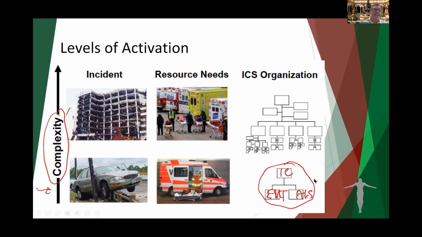But as the incident increases in complexity, as in this collapsed structure here, you need more resources, and so the organization of your ICS becomes more complex. Dr. Charlie Gundran will be talking about the levels of activation later.